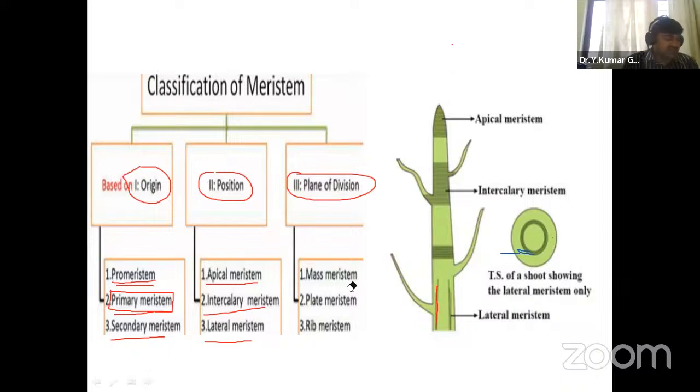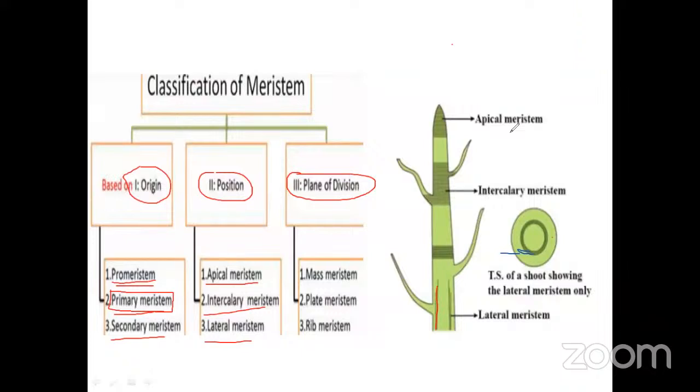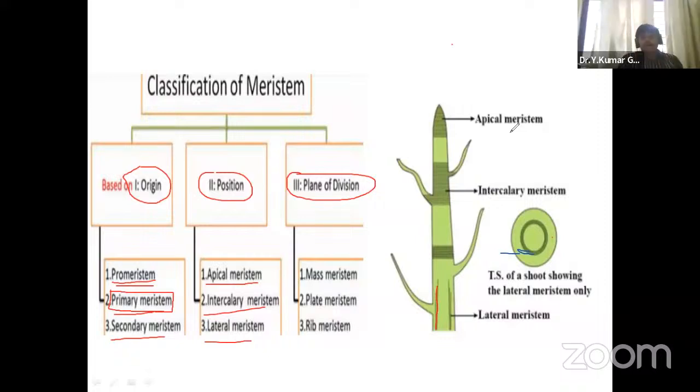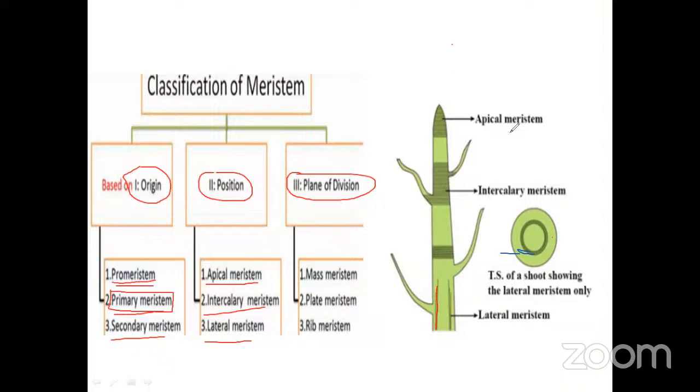In the last, from the ground meristem, cortex, and only cortex. Pericycle, right, pericycle, and medulla.